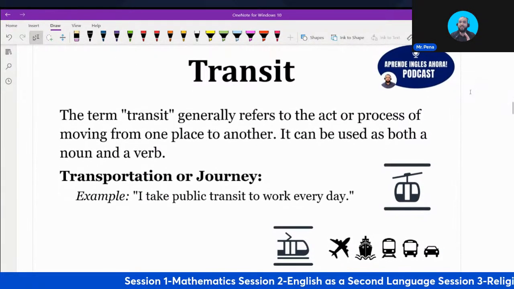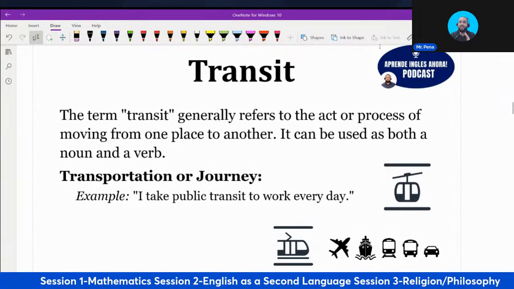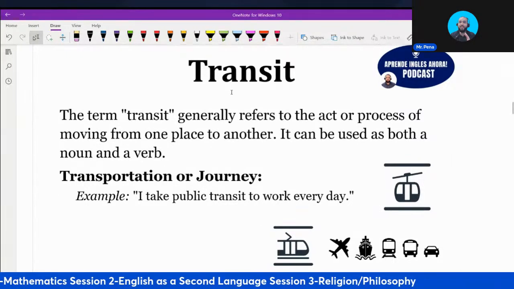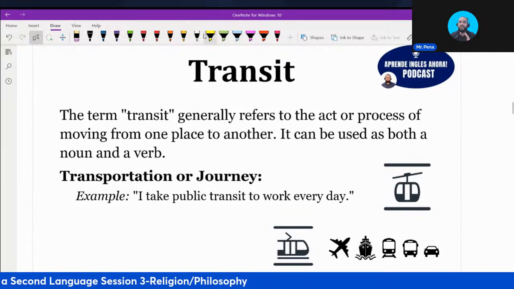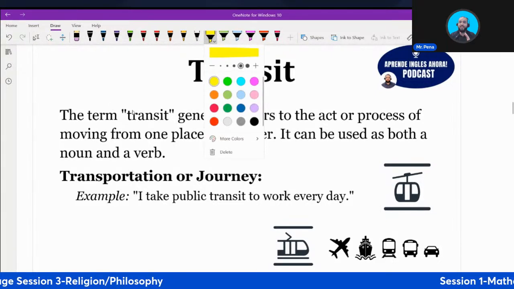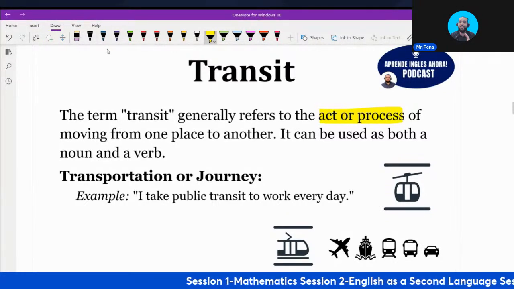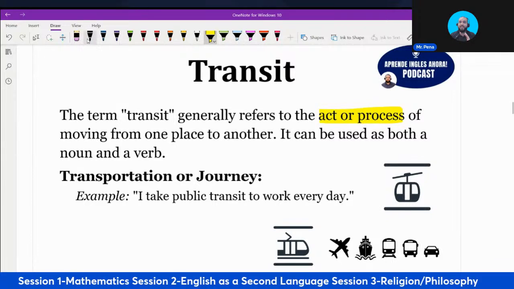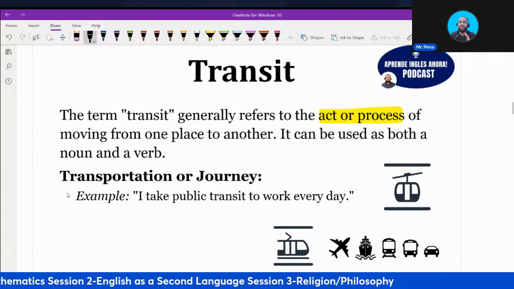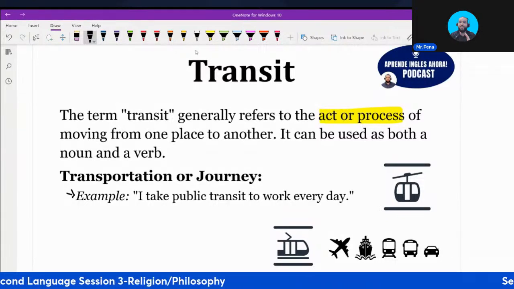It says the term transit generally refers to the act or process of moving from one place to another. So this is the process, how we go from one place to another. It can be used both as a noun or a verb. So, for example, I take public transit to work every day.